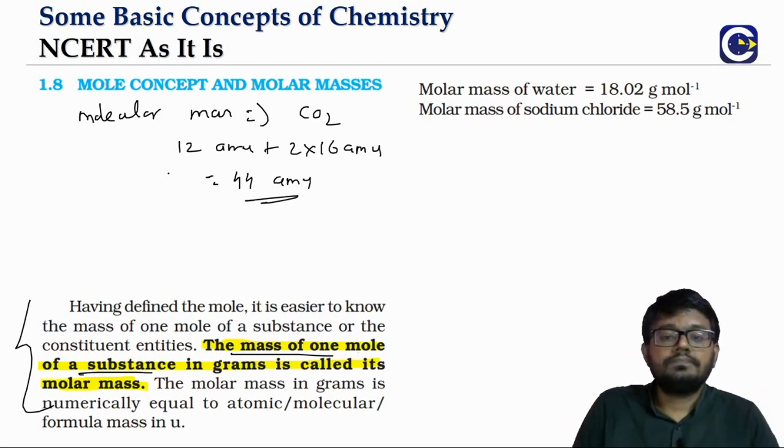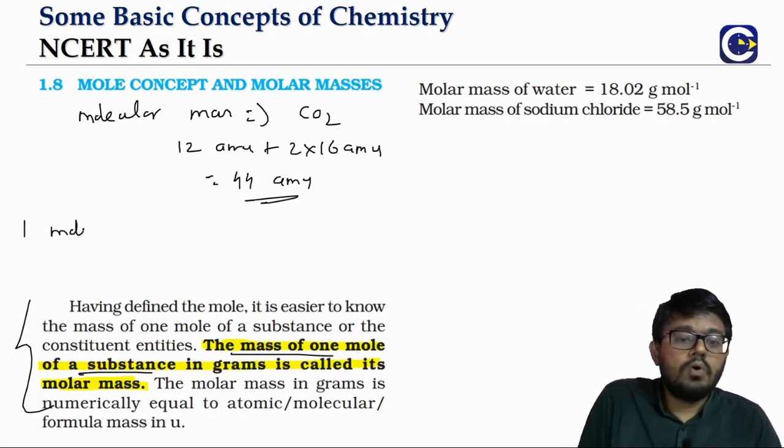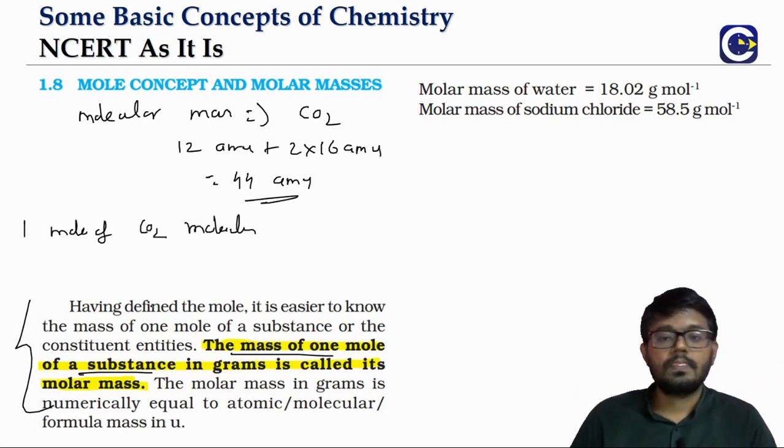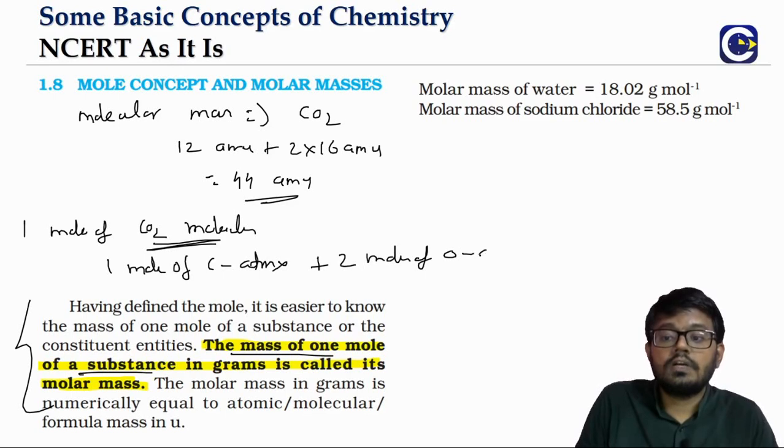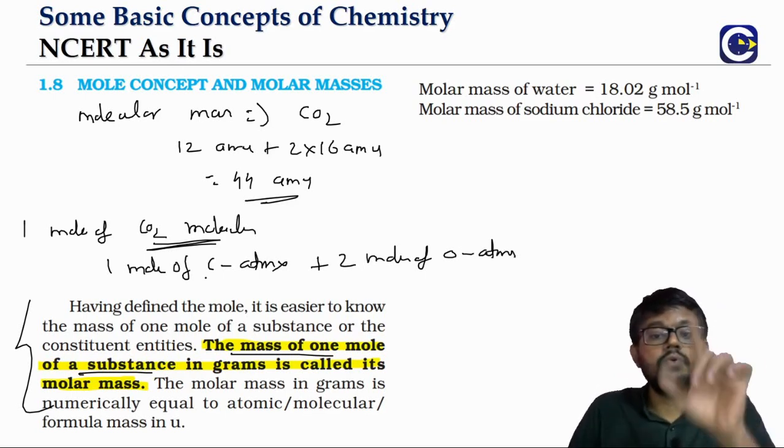If you take 1 mole of CO2 molecules, see carefully, 1 mole of CO2 molecules will have 1 mole of carbon atoms plus 2 moles of oxygen atoms. Why? Because look at the formula, CO2, every molecule has 2 oxygens.